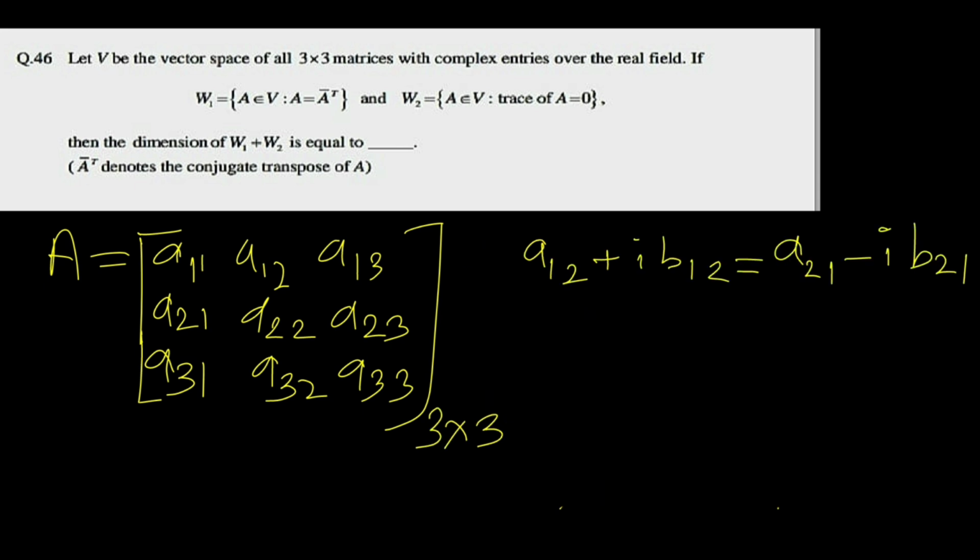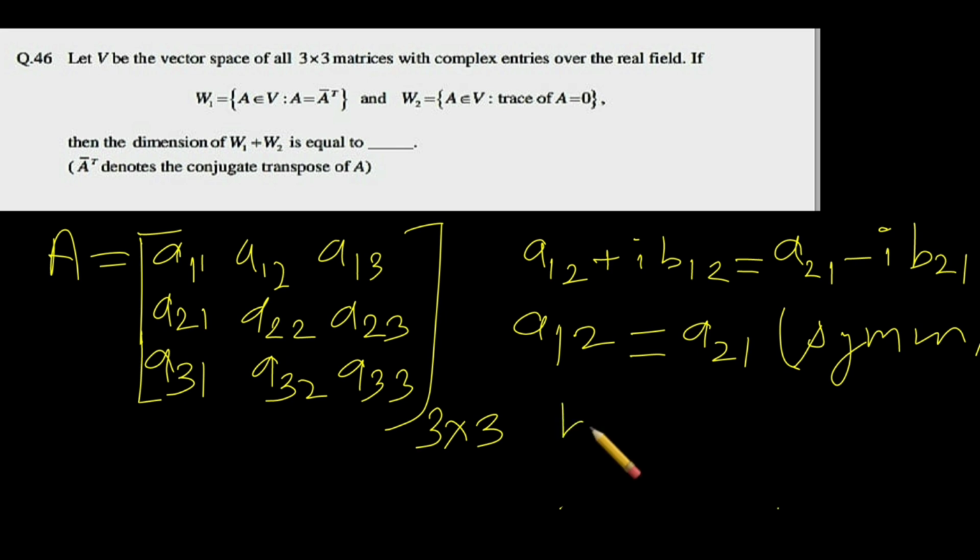When we take the other elements and compare real and imaginary parts, we see that A12 equals A21, which is the property of symmetry, and comparing the imaginary part, B12 equals minus B21, which is skew-symmetric. You can also say the transpose of B12 with a minus sign is skew-symmetric.